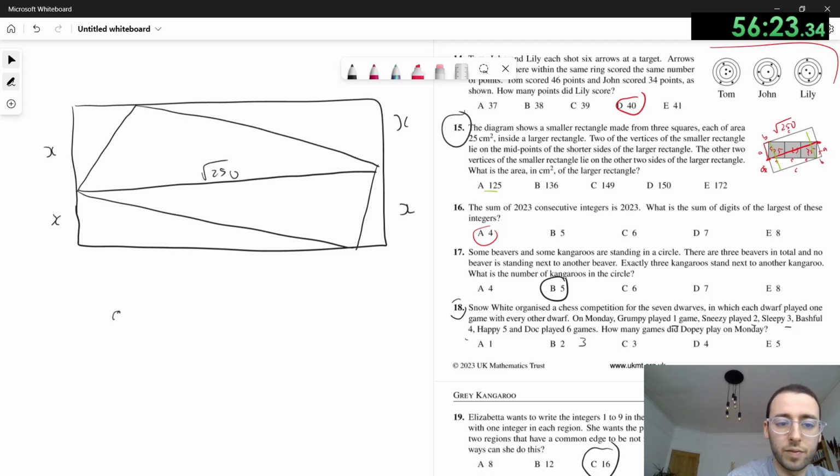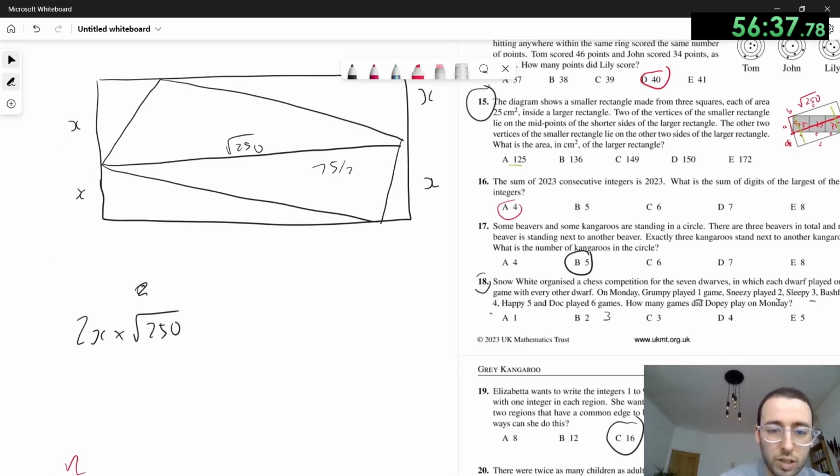So I know that the area is 2x times root 250. This area here is half of 75. Not that that helps. I also know that this length is 15 and this length is 5.